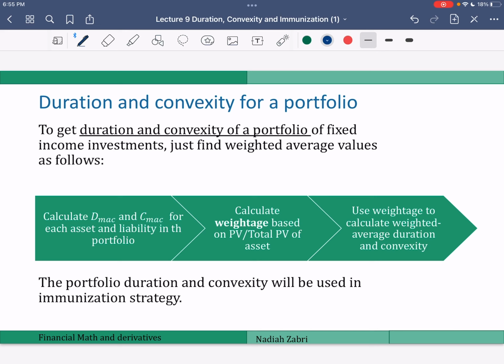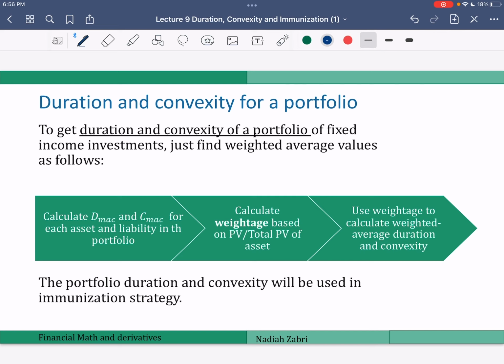To do that, it's very simple. We just need to find the weighted average of each measure: the weighted average of the Macaulay duration and the weighted average of the Macaulay convexity. And the weights are based on the present value of each asset.